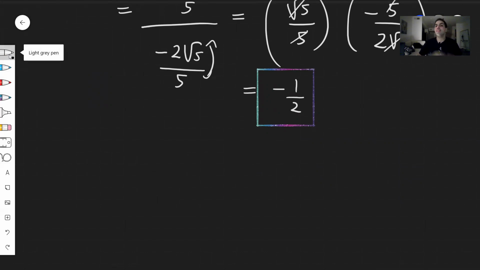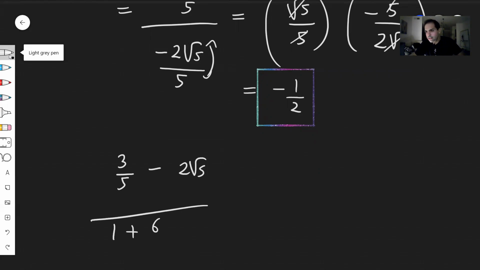Just one more little thing, just for extra practice. Notice here the answers were surprisingly simple, but in general, they can get more complicated. And I believe there was a problem where the answer is something like 3/5 minus 2 square root of 2, I believe, over 6 square root of 2 over 5.